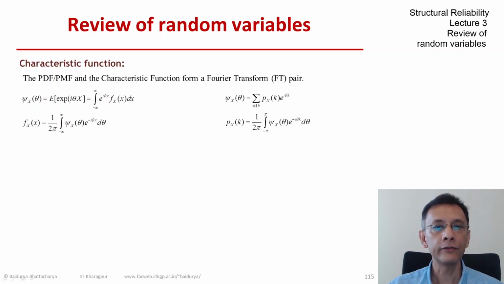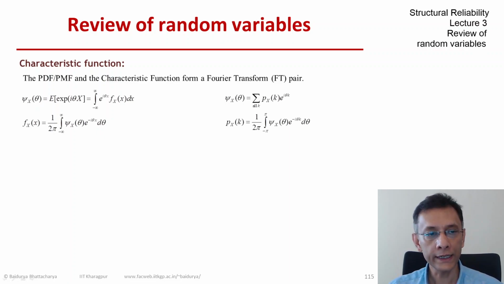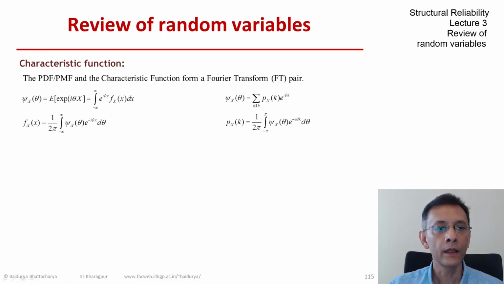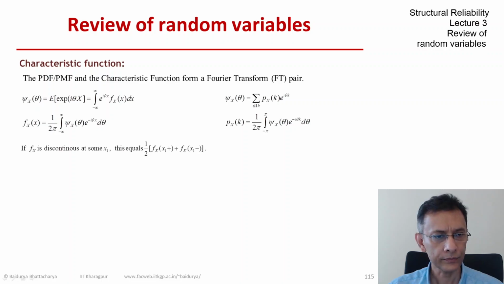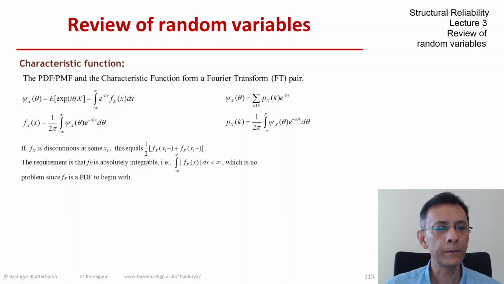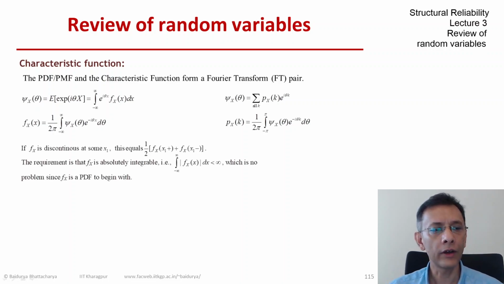And if your random variable is discrete, specifically integers, then you can also describe the Fourier transform pair. And since the density function is absolutely integrable, that poses no problem for some of the issues involved with the existence of the Fourier transform.